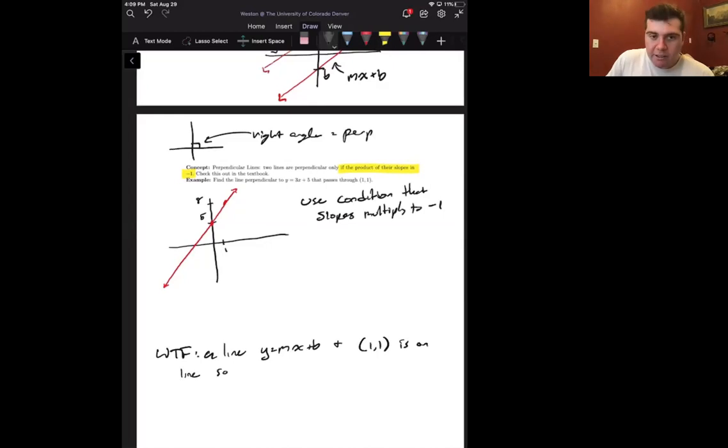So if 1, 1 is on the line, then we also have that 1 equals m times 1 plus b. Now we're going to first use our condition that the slopes multiply to -1. That means that -1 equals m times the slope of the line we have, which is 3. And just a division says that m equals -1/3. So we have our slope.